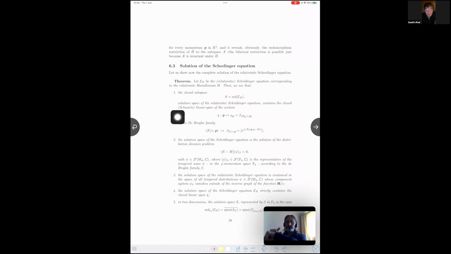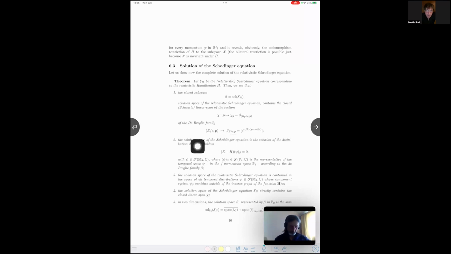So let E_H be the relativistic Schrödinger equation corresponding to the relativistic Hamiltonian H. Then the closed subspace of the solutions, which is closed because our relativistic Schrödinger equation is a continuous linear equation, is generated by the family chi, restricted from the de Broglie wave family.